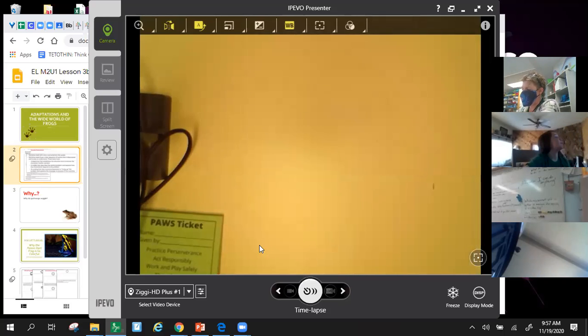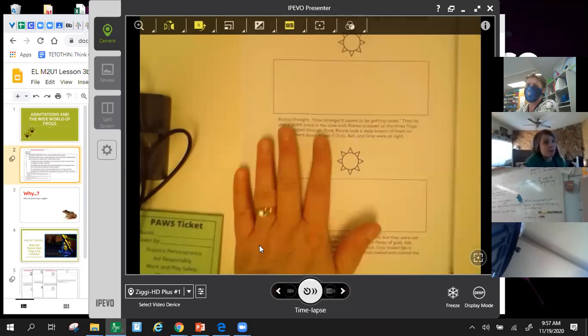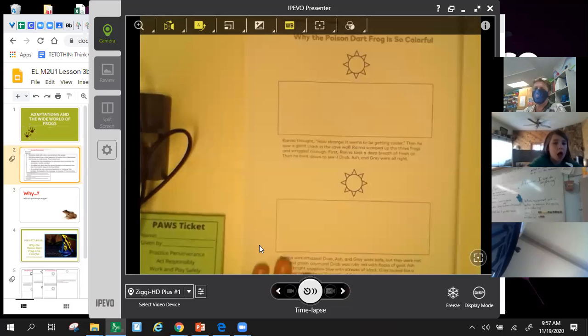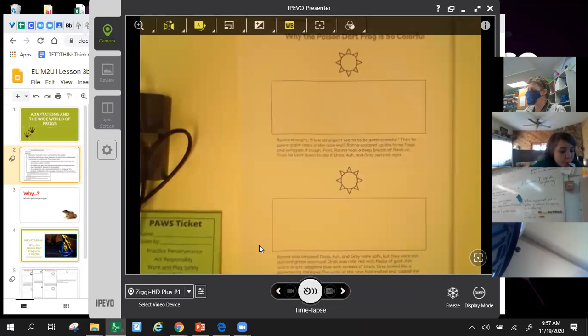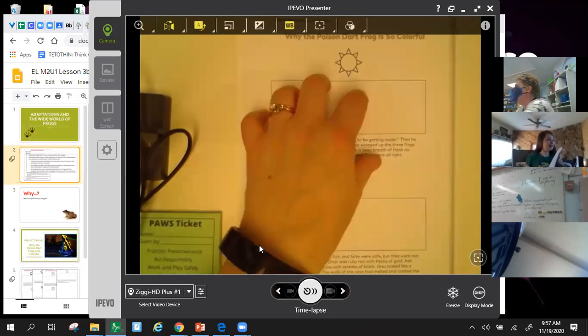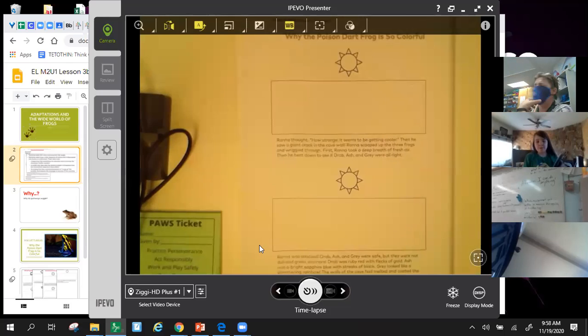So here we go. Now, let's look here. What do you notice about this page on page 14? Two suns. Two suns. So why do you think in this particular story, instead of just having one block of sun, they have two? What does the sun stand for, first of all? What does the sun stand for, Madison?